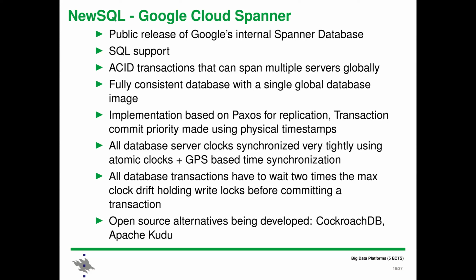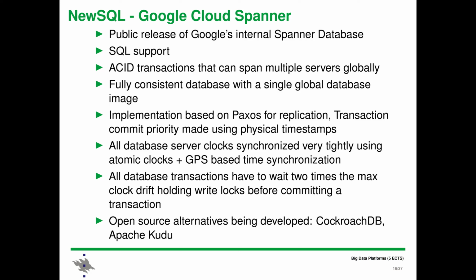It's also using transaction commits and atomic clocks, based on physical timestamps, to figure out which one of the conflicting transactions gets to go first and which one has to wait.